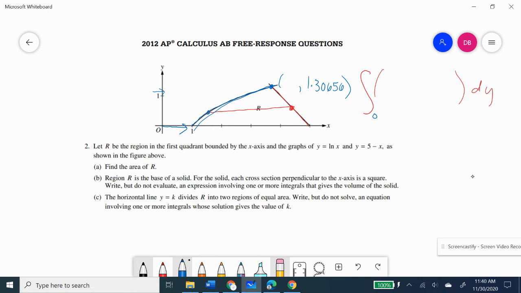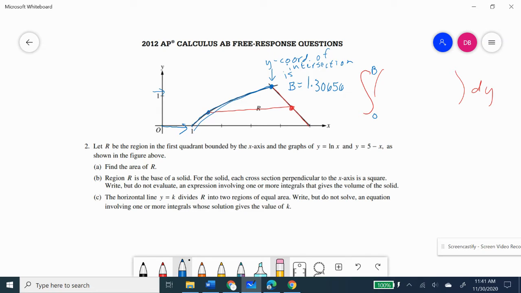So I'm just going to say that for this intersection point, the y coordinate, I named it capital B. B is not used anywhere in here, and I'll just put a B up here and then continue on.